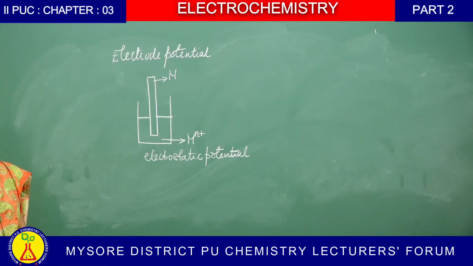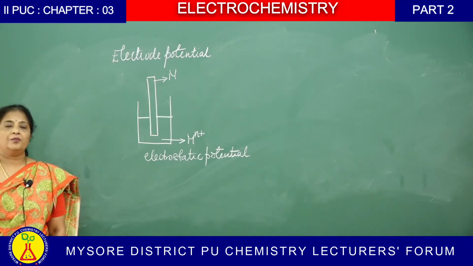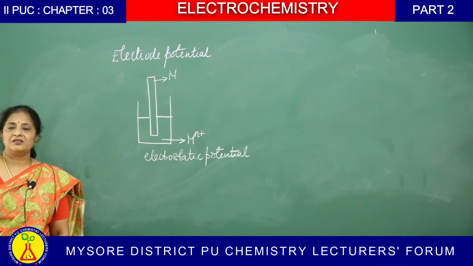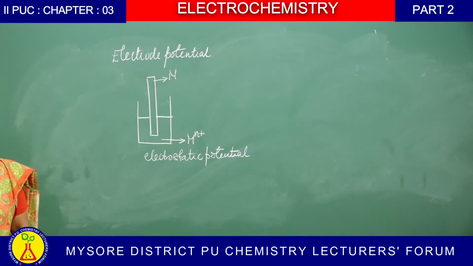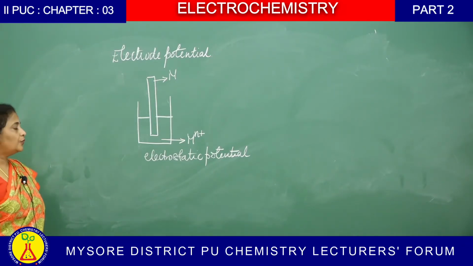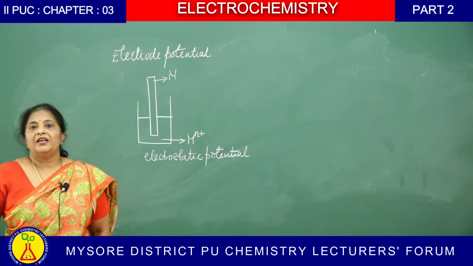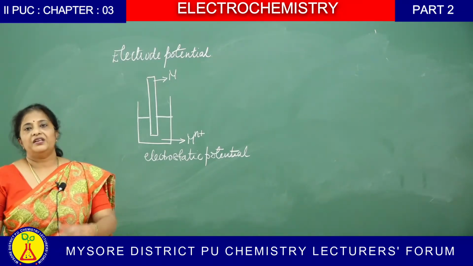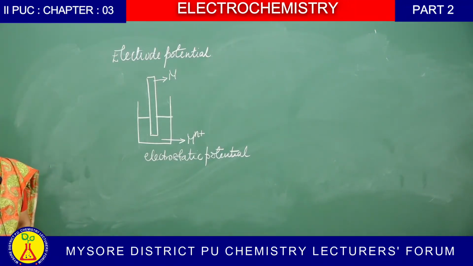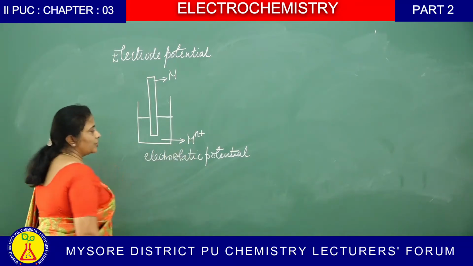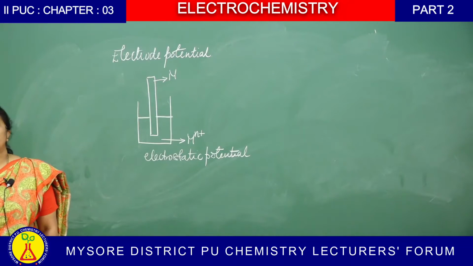Now, all the metals will not have the same electrode potentials. Different metals have different electrode potentials, and so for us to compare the electrode potentials of the various metals, we have to maintain certain conditions. What are the conditions? We can maintain the concentration of the solutions and the temperature.